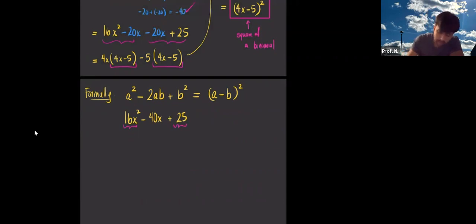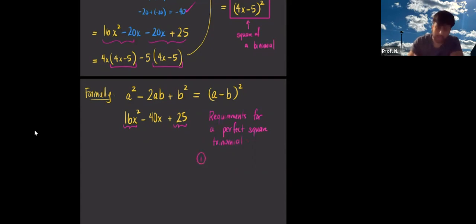So I'm going to write conditions, or I should say, I should be a bit more strict with this. These are requirements for a perfect square trinomial. There are two of them.